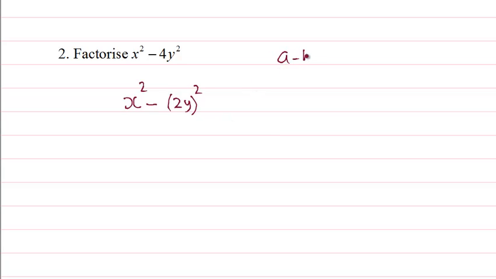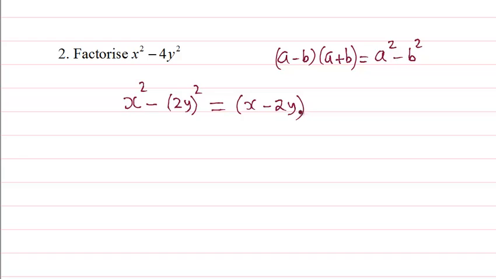If it was a minus b times a plus b, the answer was a squared minus b squared. This is just the opposite. Now we have to put this into the 2 brackets. For our a we have x, for b we have 2y. So we will have x minus 2y times x plus 2y.